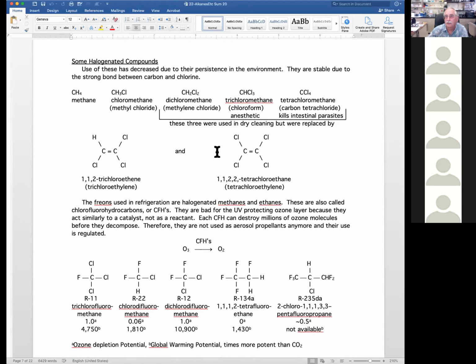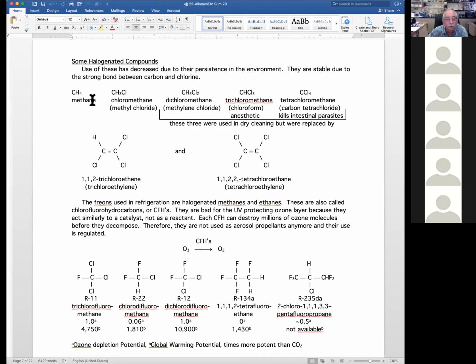So here's some halogenated compounds. We try to not use them because they're persistent in the environment. Because when you put chlorines and stuff on things, bacteria have a hard time dealing with it. They don't all have the enzymes to break it down. So here's methane, chloromethane, dichloromethane, trichloromethane, tetrachloromethane.